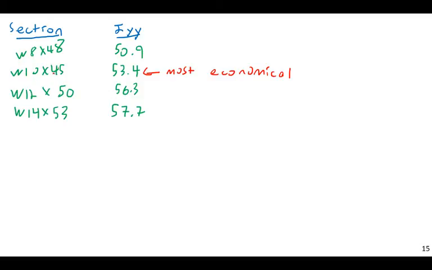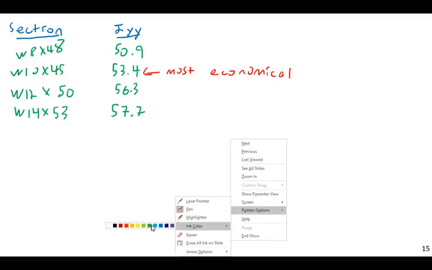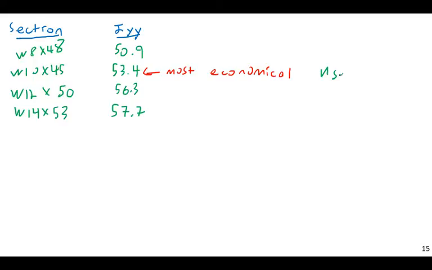Maybe if it had a really narrow flange, you'd be better off using it. There are certain cases, like trying to conceal a beam within a wall, where it's beneficial to have one dimension minimized over another, but if we're keeping it simple and just saying the lightest one wins, this one's going to control. So I am going to recommend using W10 by 45.